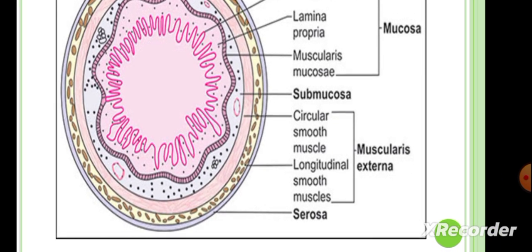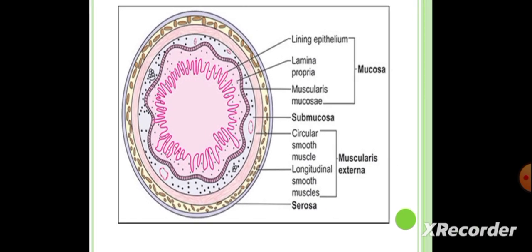Submucosa is followed by the muscularis externa, which consists of circular smooth muscles and longitudinal smooth muscles, which help in the stretching of this esophageal wall when there is a passage of the bolus through this tube. And finally, there is a serosa layer.